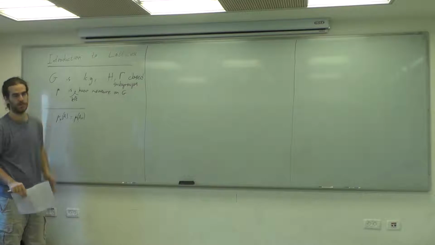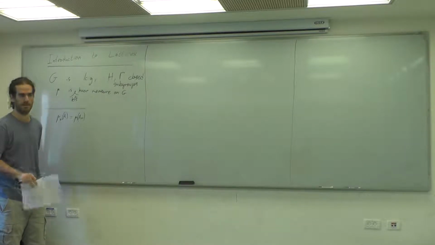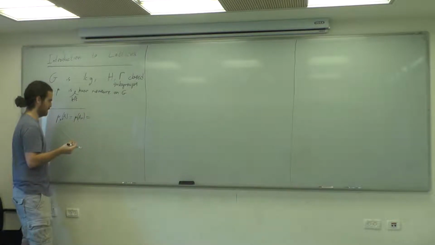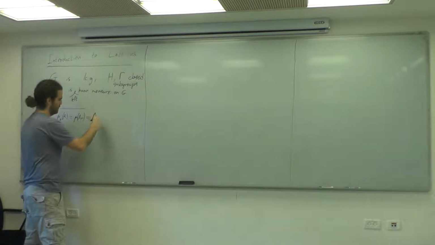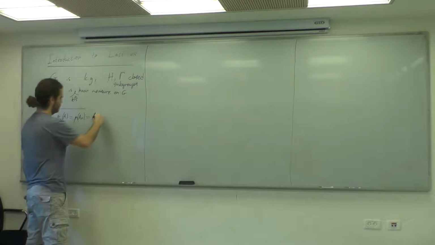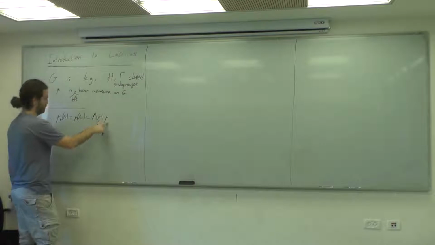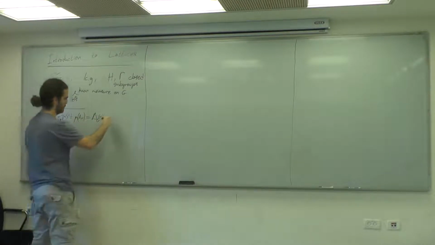Being essentially unique, there's a constant, which we call the modular function of G at r, which is the constant multiple of the previous measure mu.